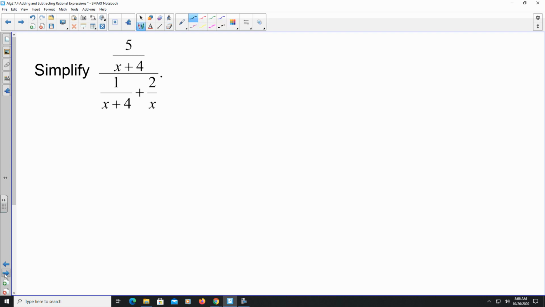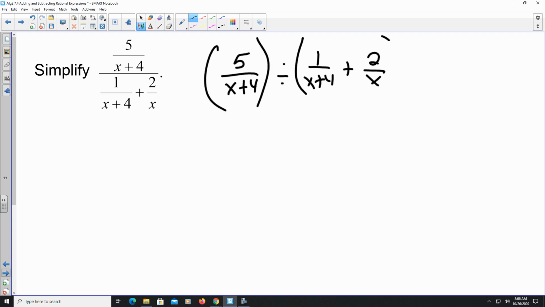So what I'm going to do is rewrite this as 5 over x plus 4. And instead of writing it as a fraction, I'm going to write it as a division problem. So it's divided by 1 over x plus 4 plus 2 over x. You can put parentheses around it if you'd like.